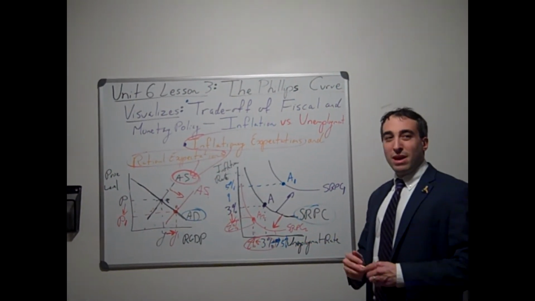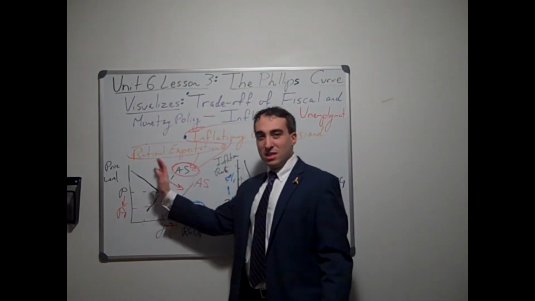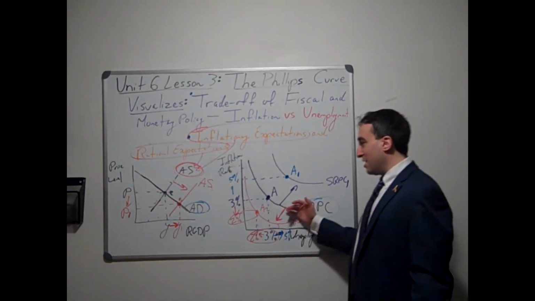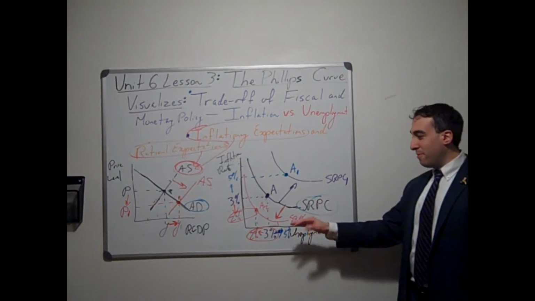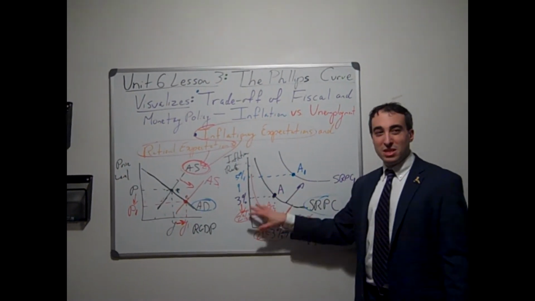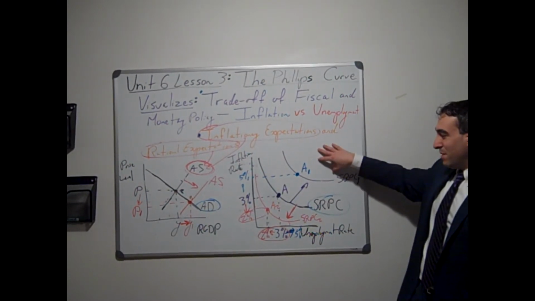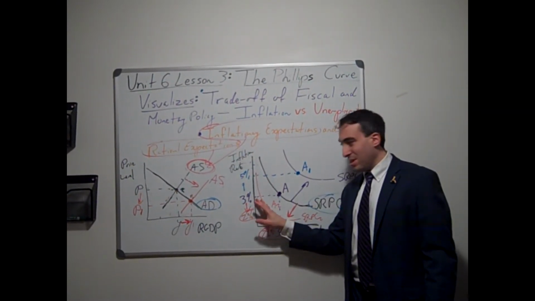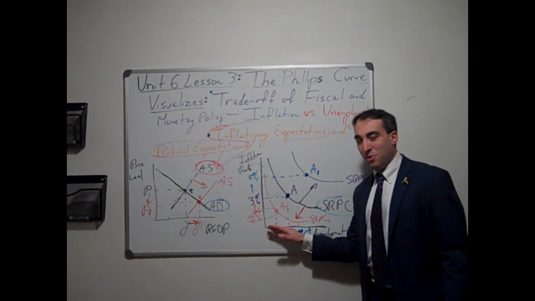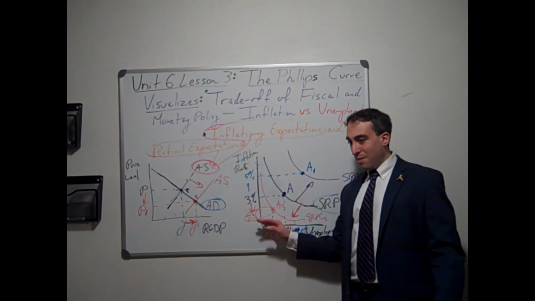And the other main takeaway is that shifts to aggregate supply happen as opposite shifts to the Phillips curve, because this shows that at any previous point there is either an increase in inflation and unemployment or a decrease in inflation and unemployment at the same time.